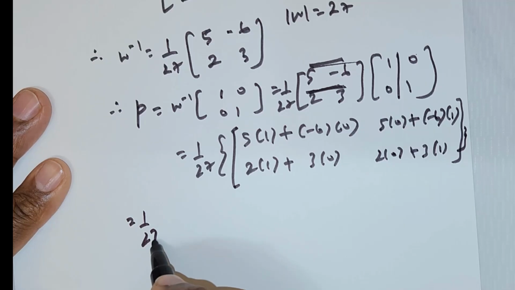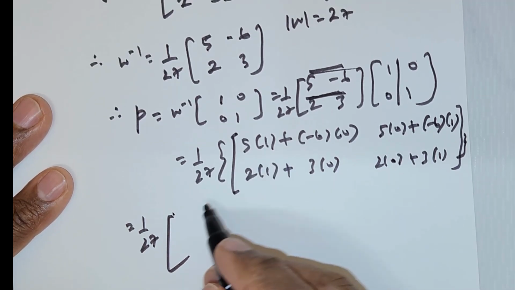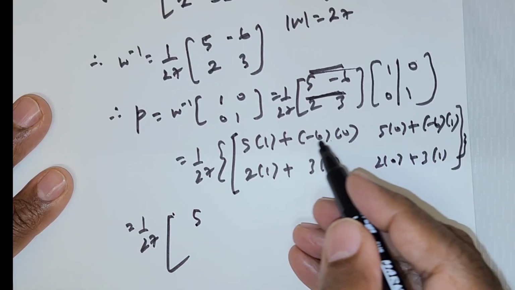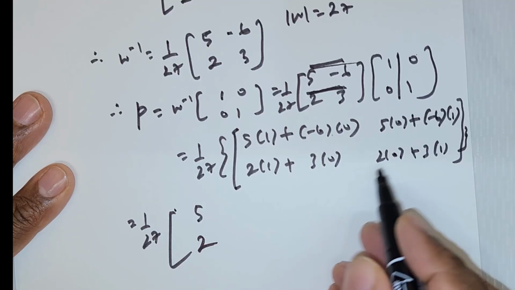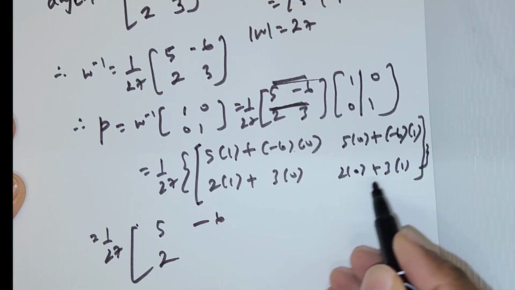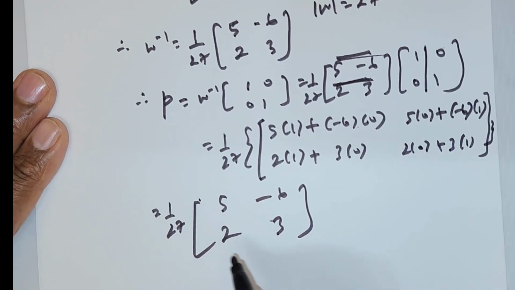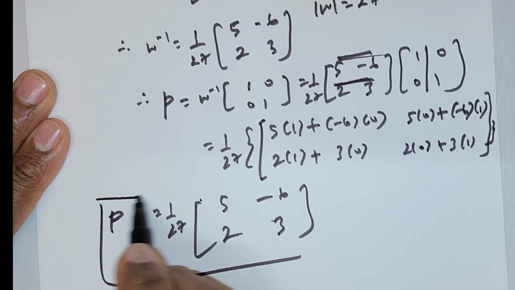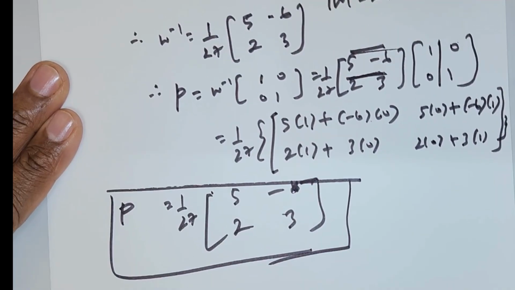So this is equal to 1 over 27. We add up the elements. 5 times 1 is 5, 0 times negative 6 is 0, no need to place that. 2 times 1 is 2, 3 times 0 is 0, negative 6 times 1 is negative 6, 2 times 0 is 0, 3 times 1 is 3. So this is what you get for the matrix P. Okay, so negative 6 is there.